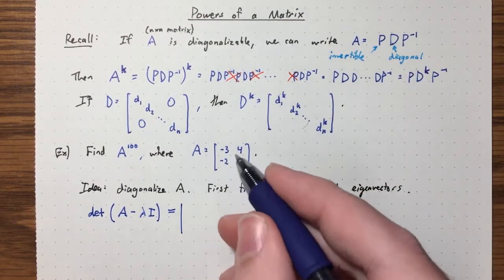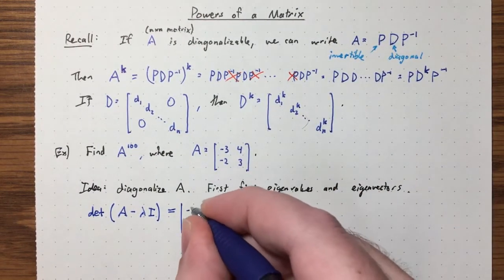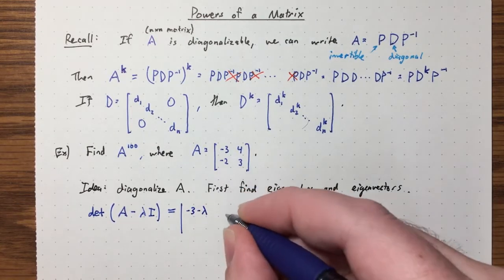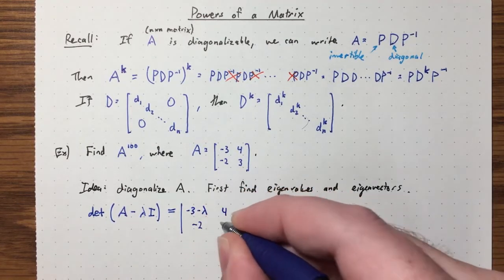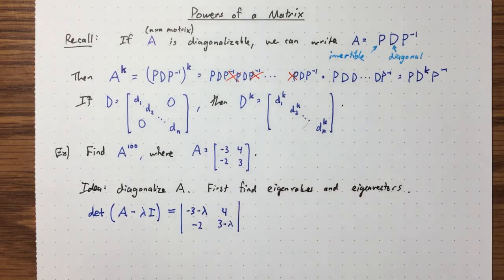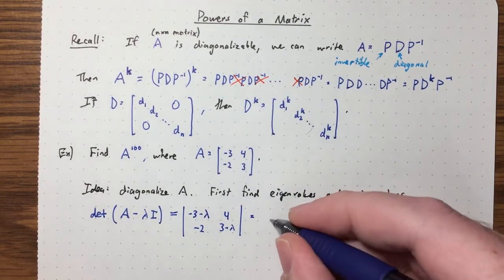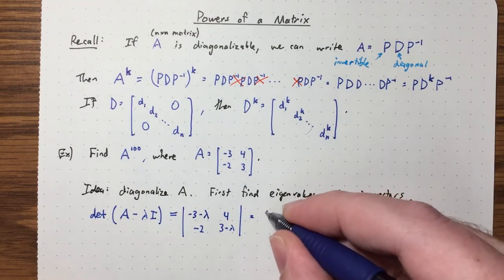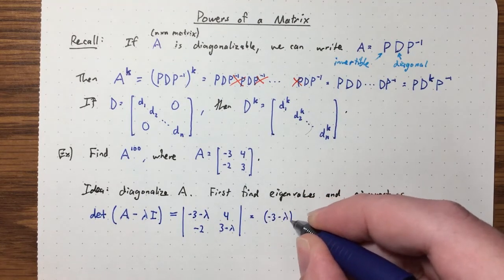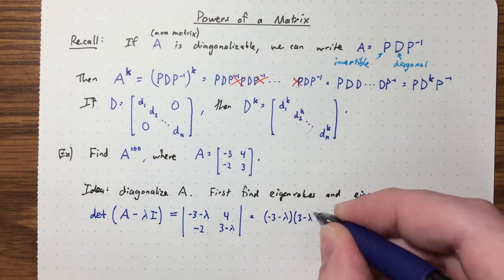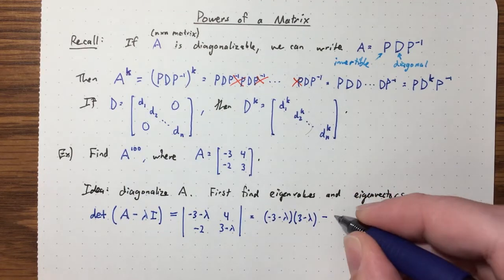What is this determinant? First of all, A minus lambda I means subtracting lambda off the diagonal, giving negative 3 minus lambda and 3 minus lambda. Remember, we have a nice formula for the determinant in the 2 by 2 case.